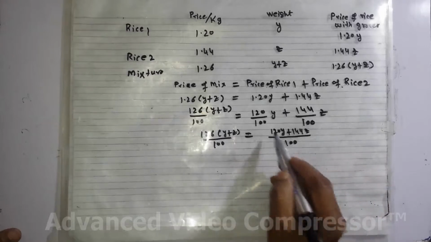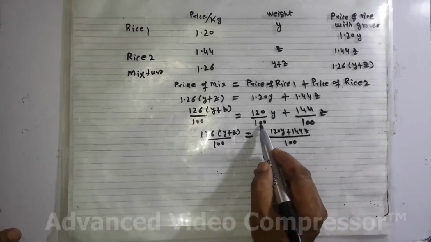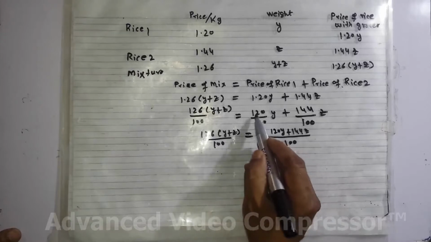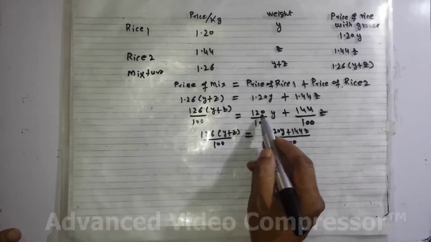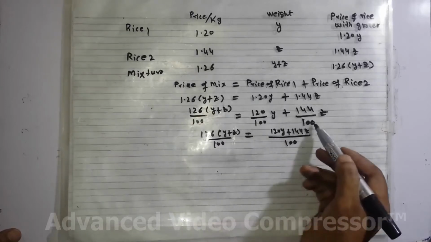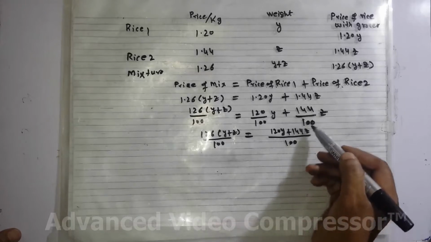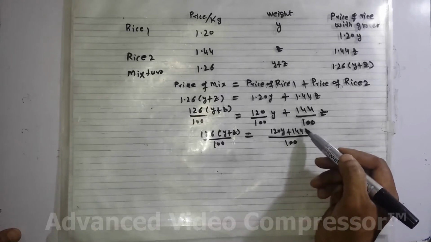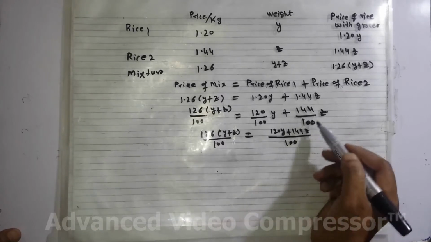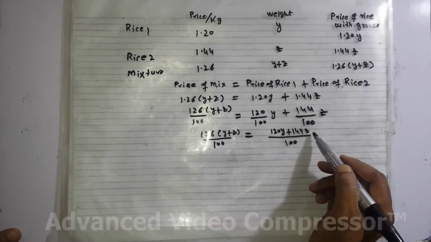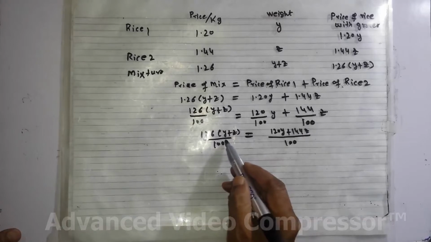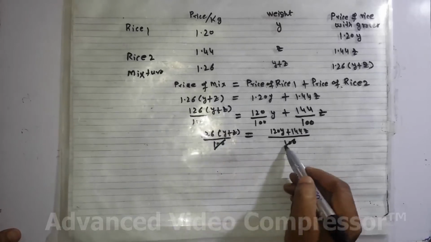We divide this LCM by this 100. 100 divided by 100 is equal to 1, and then 1 is multiplied with the term above, 120y. The same way we divide the LCM by the other 100, we get 1, and then 1 is multiplied with 144z, and we get 144z here. Now on both sides of the equal sign there is 100 below. We can cancel the same terms.